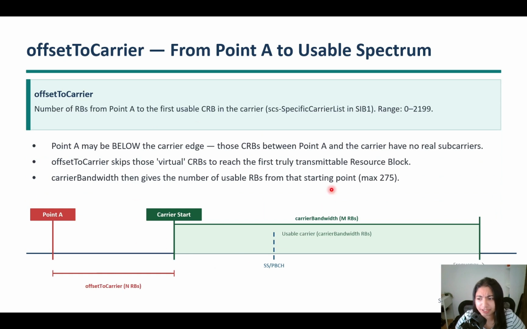This diagram shows the relationship between these three key references on the frequency axis. The red marker here is point A, and this is the start of the useful resource block on the resource grid. There is an offset to carrier, specifying a number of resource blocks between point A and the useful resource block start.